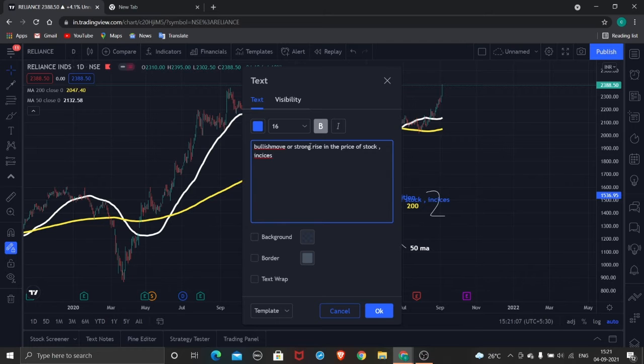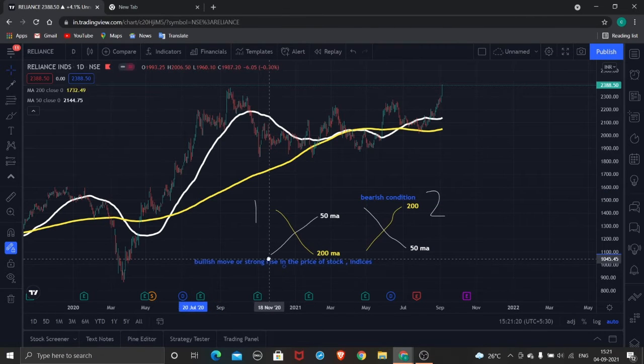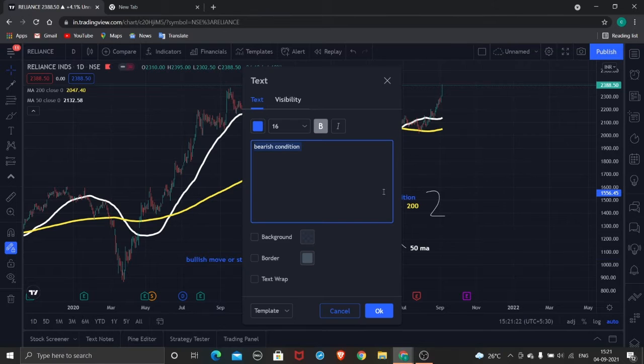The same setup can be applied to indices as well. Now the bearish condition: we are going to write it as bearish move, or a strong sell can occur.